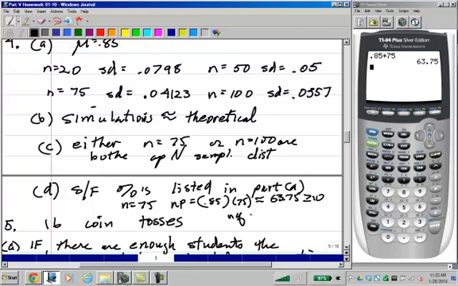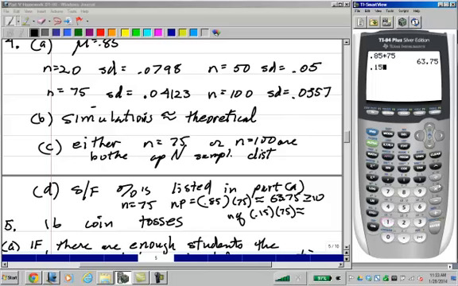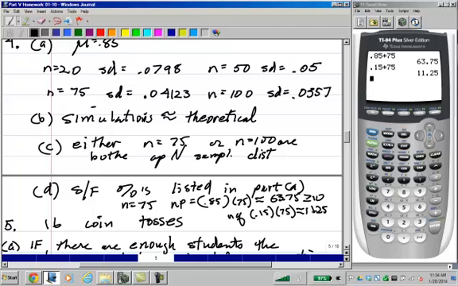And NQ is going to be 0.15 times 75, which is exactly equal to 11.25. Both of these are greater than 10, so the normal model is appropriate.